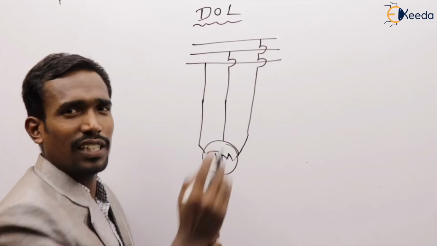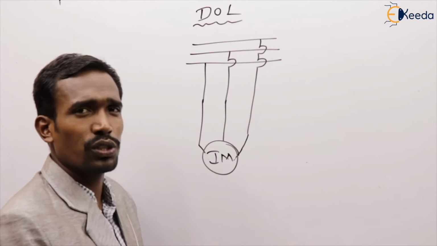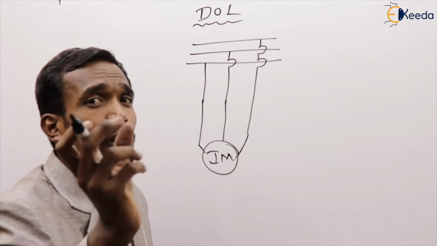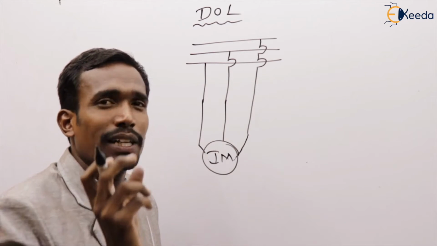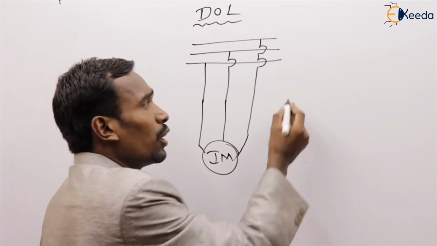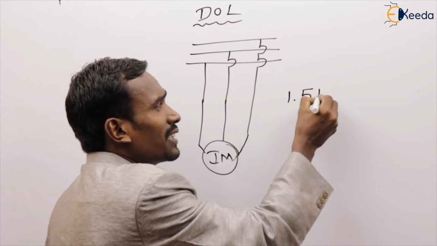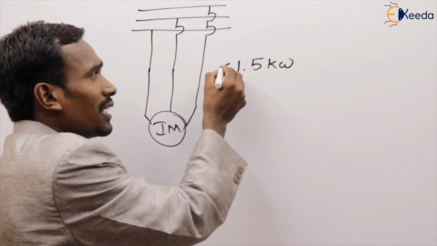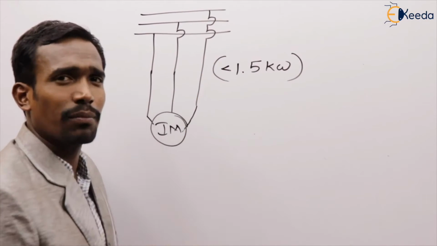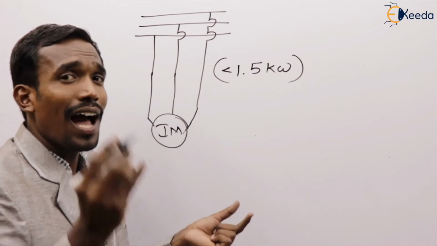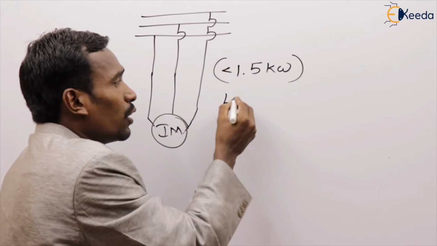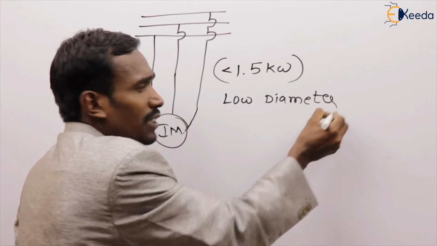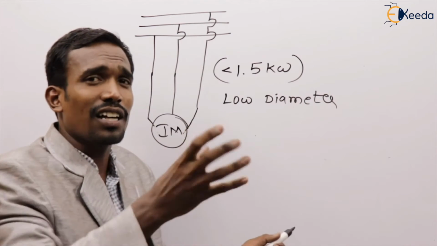Generally, this method of starting is used for low rating machines, less than 1.5 kilowatts, as well as for low diameter machines, because it gets started quickly.